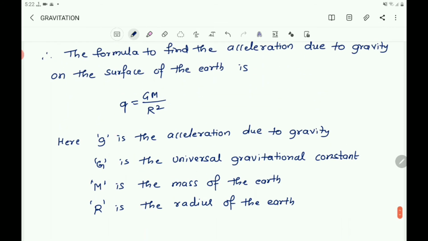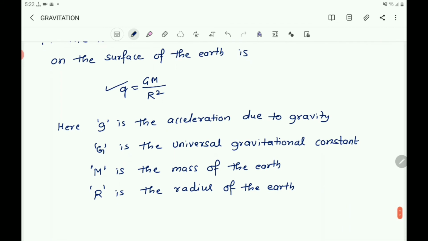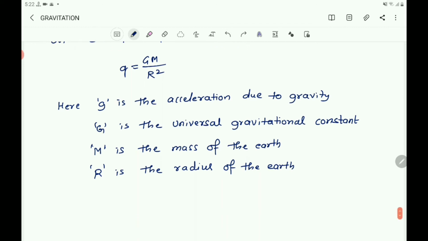The formula to find the acceleration due to gravity on the surface of the earth is g equals G M by R square. Here g is the acceleration due to gravity, capital G is the universal gravitational constant, capital M is the mass of the earth, and R is the radius of the earth.